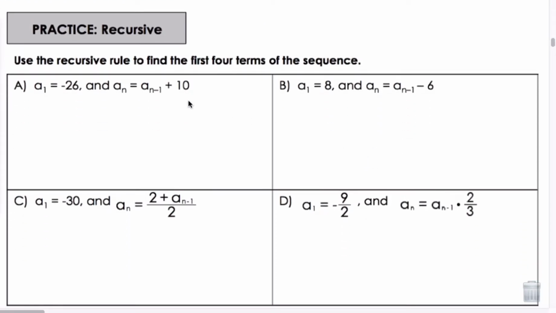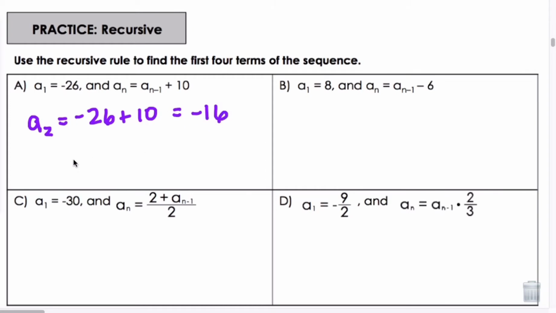First one we'll do recursive, so use the recursive rule to find the first 4 terms of the sequence. All right, so I know that a sub 1 is negative 26, so I'm using my previous term to find my next term. So I'm going to substitute in to find a sub 2 equals negative 26 plus 10, which will give me negative 16.